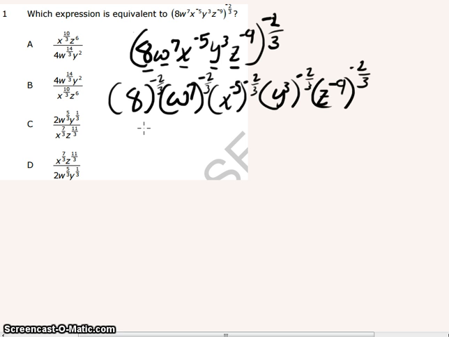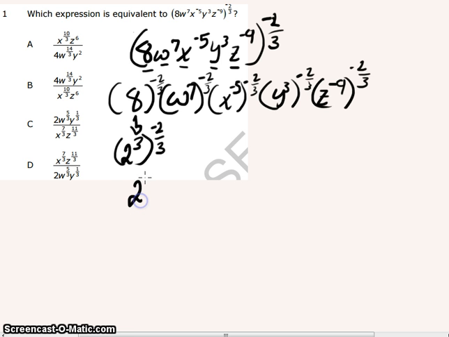Alright, once we get that, we can rewrite 8 as 2 to the power of 3, because if you multiply 2 by itself 3 times, you get 8, and then -2/3. Now, if you multiply 3 with -2/3, you get -6/3, which comes out as -2.